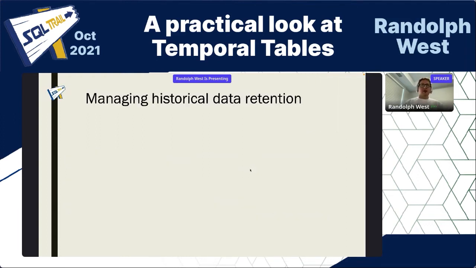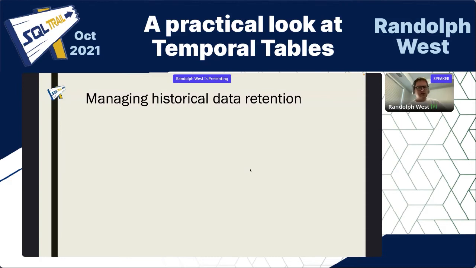So, managing historical data retention. What does that mean? When the feature was first introduced in SQL Server 2016, if you wanted to clean out the history table for regular maintenance, like every 6 months or 3 years or whatever the case may be, you had to do that manually, which meant that you would have to cancel the system versioning connection between the current and the history table.